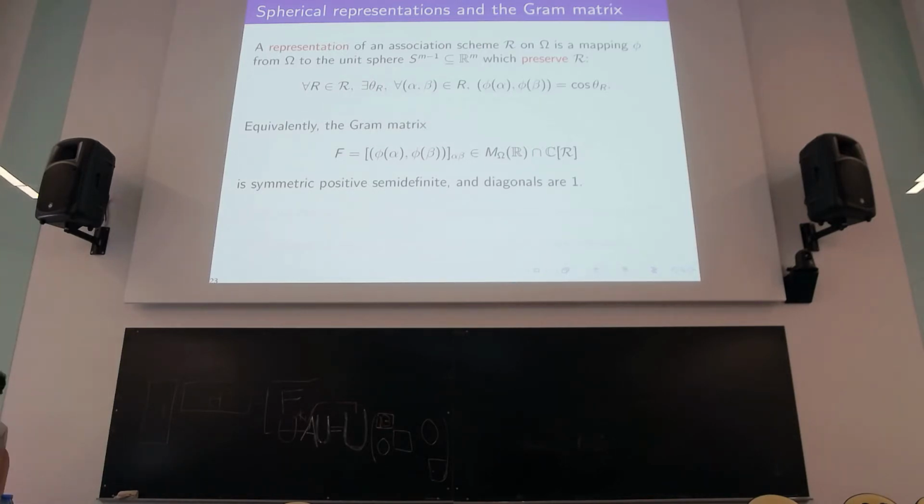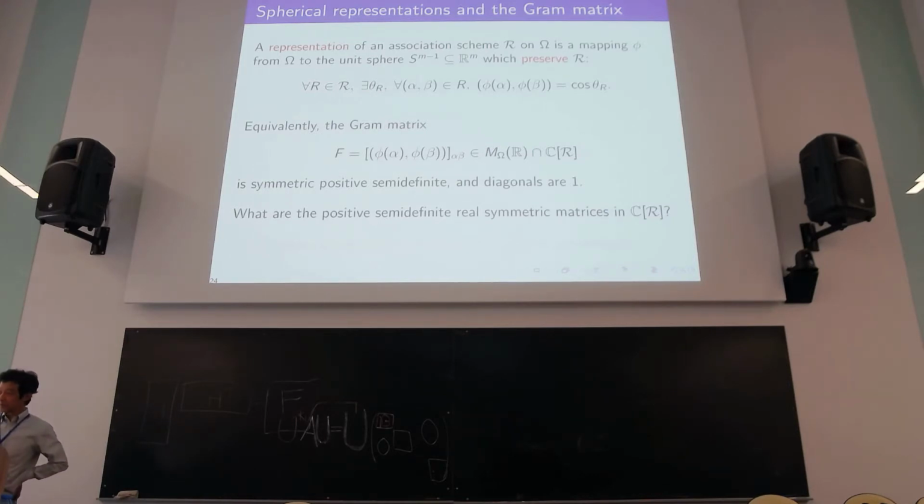But we already determined when an element in the adjacency algebra is positive semi-definite. That is the question we could ask, and in some sense we already answered it in the previous slide, when I proved the Krein parameters are non-negative. So what are the real symmetric matrices?